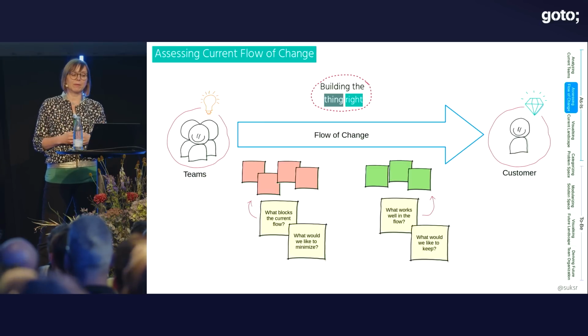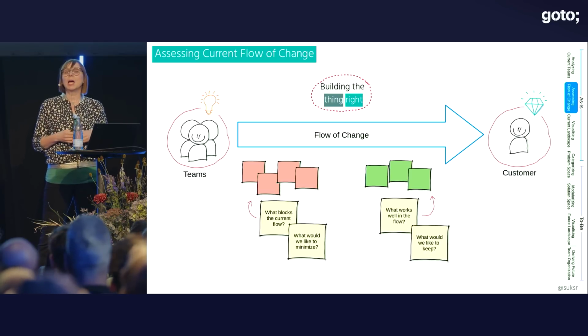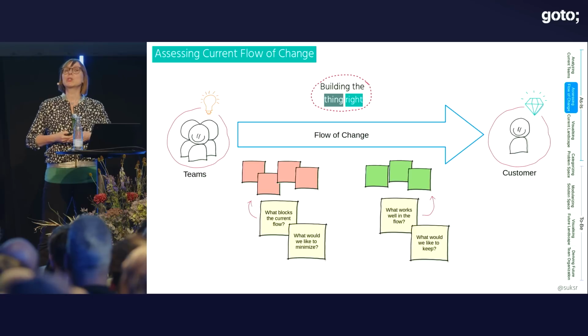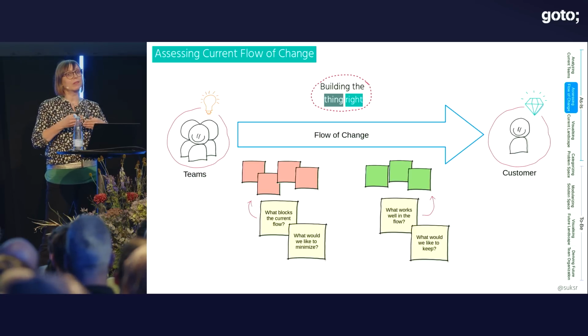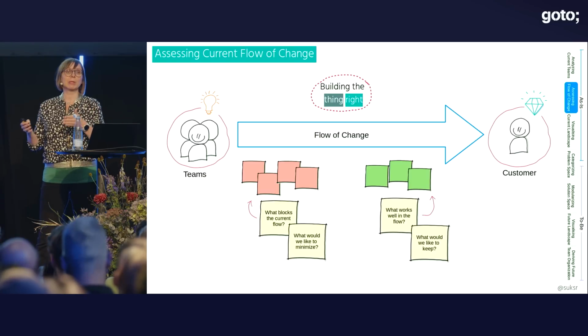To optimize for a fast flow of change, this involves assessing our current flow of changes and identifying what currently blocks our flow and what we want to minimize. But it also involves identifying what works well in our flow, what supports our current flow, what we would like to keep.